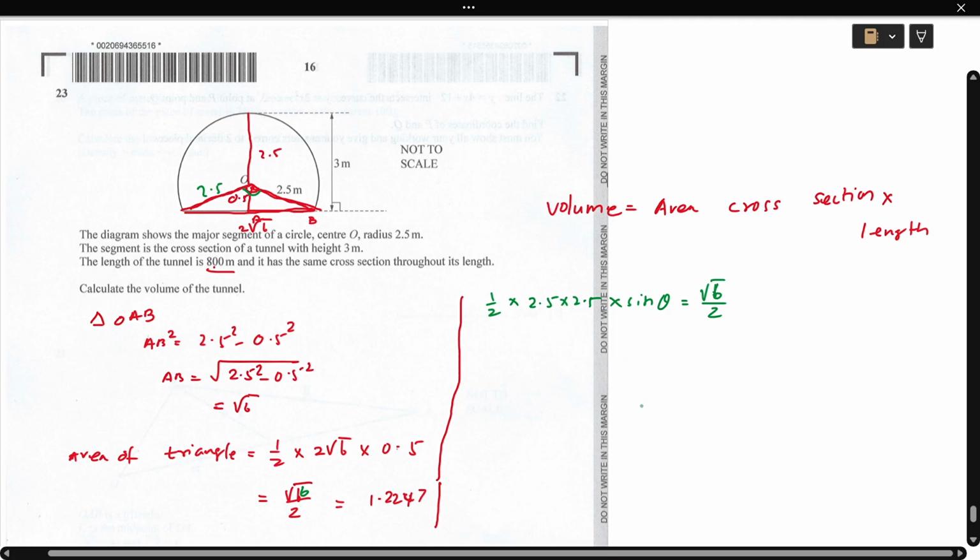From here I want theta, so theta equals sine inverse of 2 root 6 over 2 into 2.5 square.